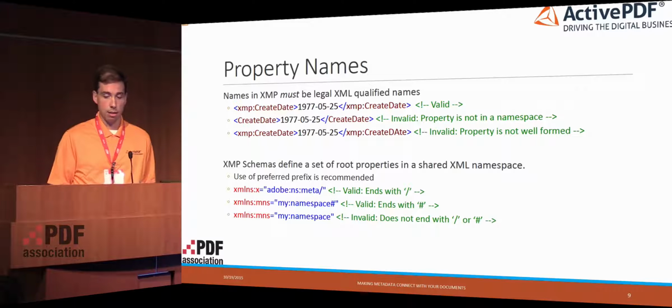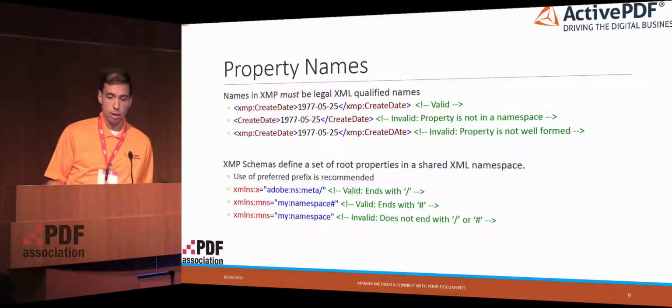The next example down is well-formed, but it doesn't have that namespace prefix, so it's not a valid XMP property name. The third one is in a namespace, but it's not well-formed because that second A in the date is uppercase and XML is case sensitive, so this would not be a well-formed XMP property name.